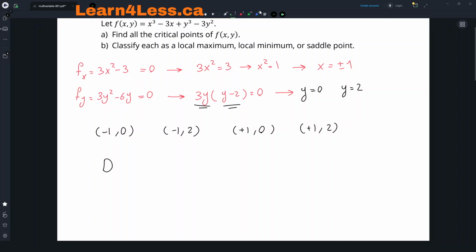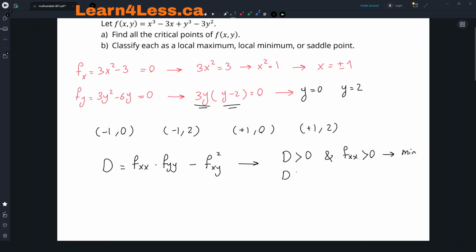Discriminant, or D, is basically fxx times fyy, the second derivative with respect to x and the second derivative with respect to y, minus fxy squared. So we evaluate the discriminant at all of these critical points, and if D is greater than 0 and the second derivative fxx, for example, or fyy, any of them, is also greater than 0, we have a local minimum.